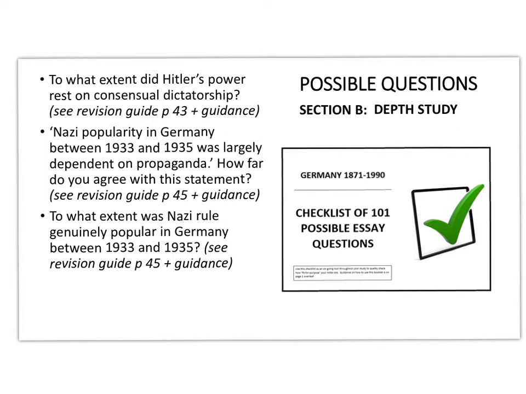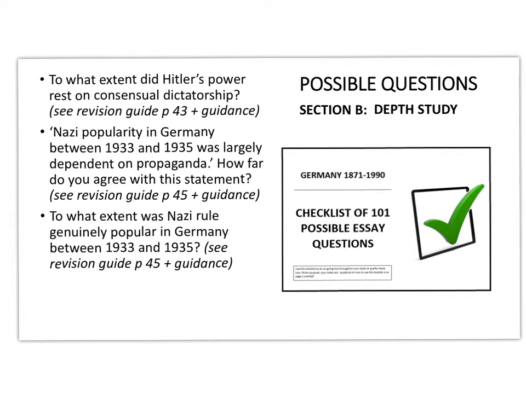Obviously, section B is the depth study. The third depth study, A New Reich 1933 to 35, focuses specifically on the first three years of Hitler's rule. But again, there are some examples of questions you could get.